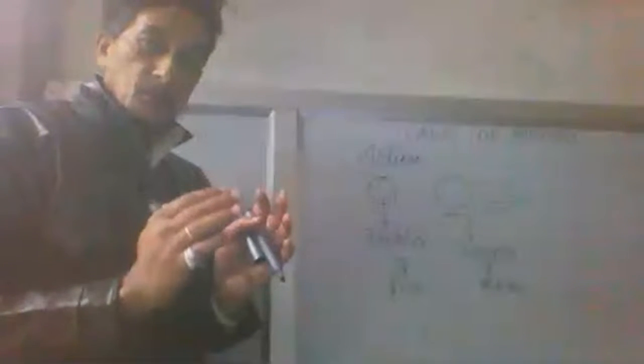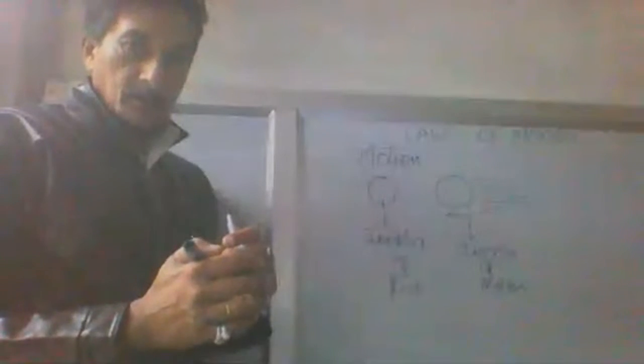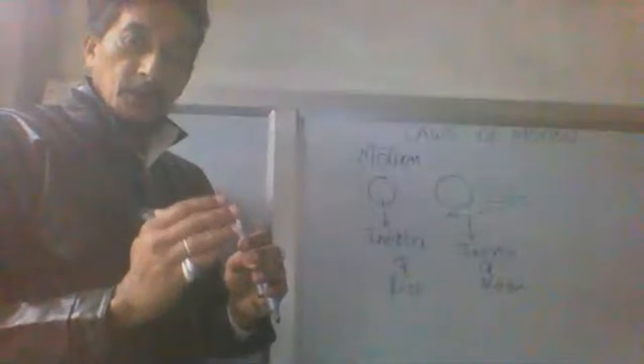The inertia term is only applicable when the body is moving in a straight line. Whenever you write the definition of inertia, you should emphasize and give weightage to this term: that the bodies should be in a state of motion in a straight line.